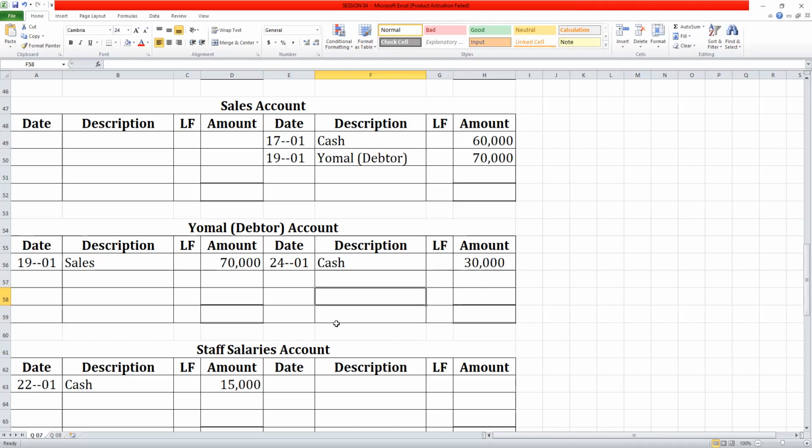Next one, 25th of January, paid 20,000 to Iresh. Everyone tell me quickly. What is the double entry we have to use to record that transaction? One minute. Which account to be debited and which to be credited?